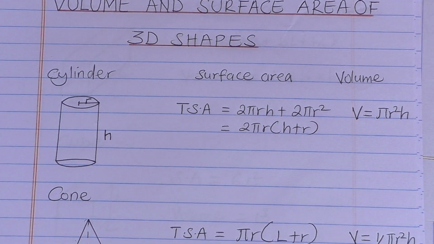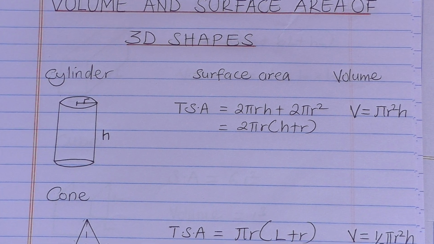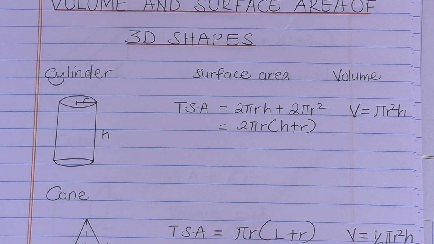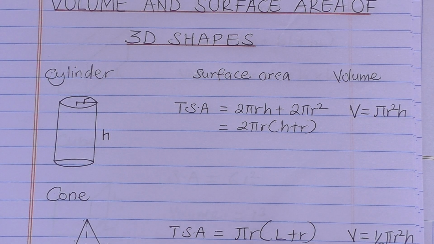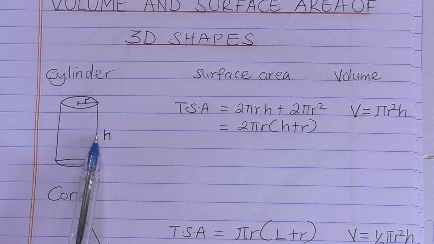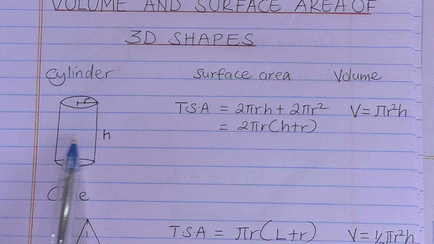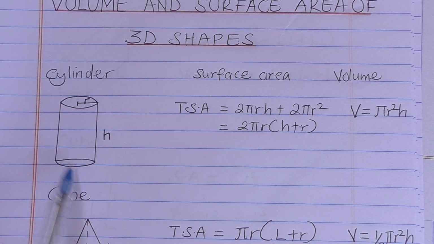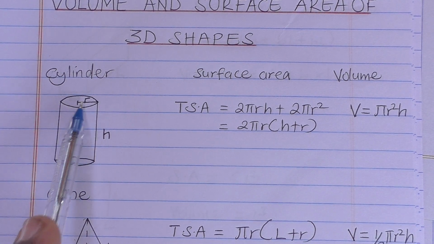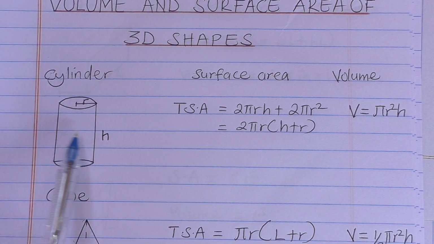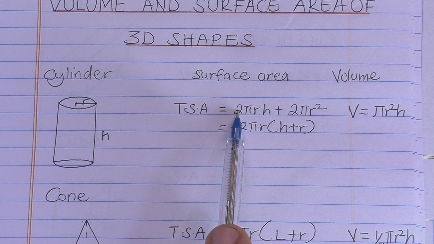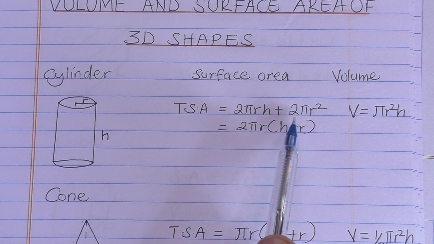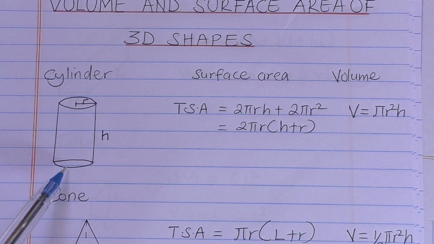We shall have the surface area of the cylinder and the volume. The surface area of a cylinder is gotten by finding the area of the curved surface plus the area of the 2 circles at the ends. The area of the curved surface is given by 2 pi r h, plus the 2 areas at the ends.